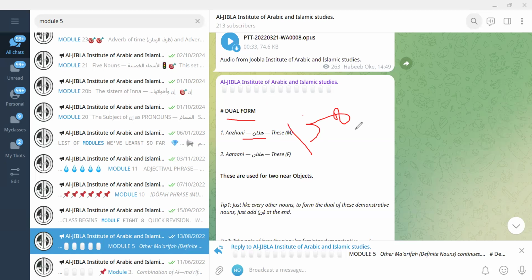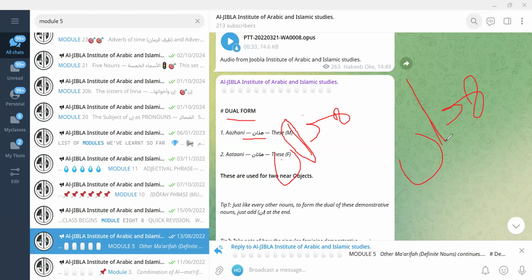We know that when you are forming the muthanna, the dual, from your mufrad, you add alif and nun. So in this case, we had alif and nun. Obviously we had a nun here since we had an alif here already. But this alif that you see here, when it is singular, in هذا, is not alif al-ithnain, the alif of two people. It is still part of the word.